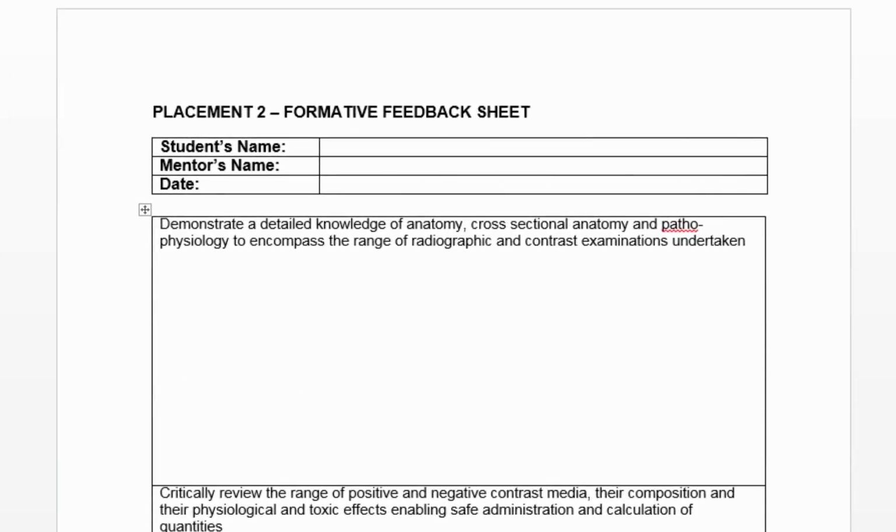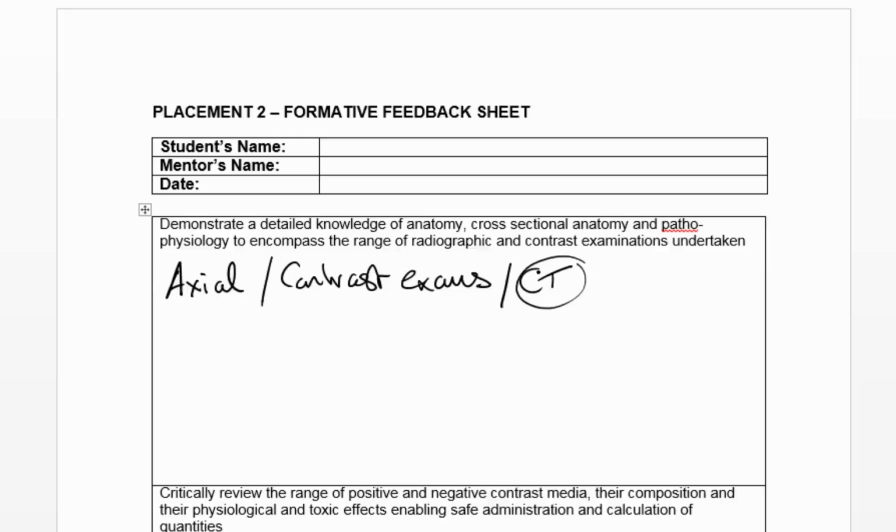Remember that the second clinical placement is around axial imaging, it's around contrast examinations, and of course it's stated as cross-sectional, but the reality is that it's CT anatomy. Okay. So that is really self-explanatory, isn't it?